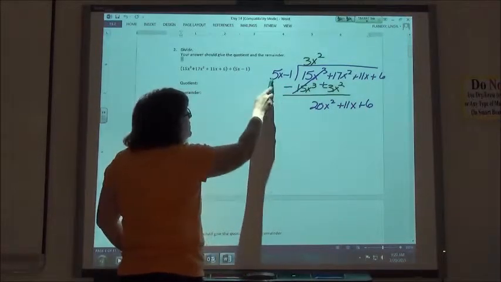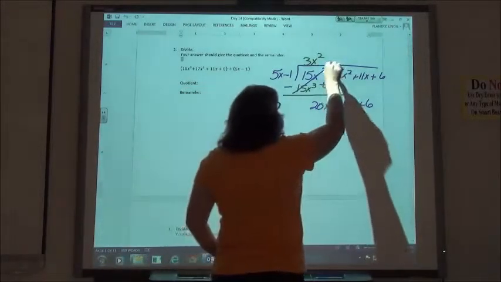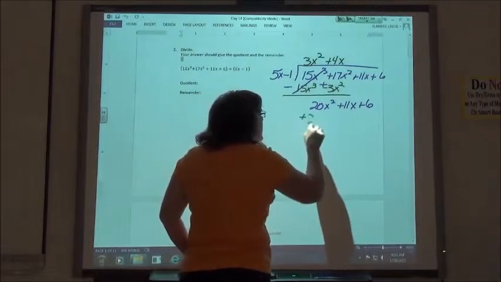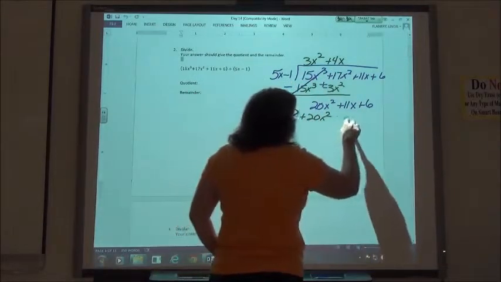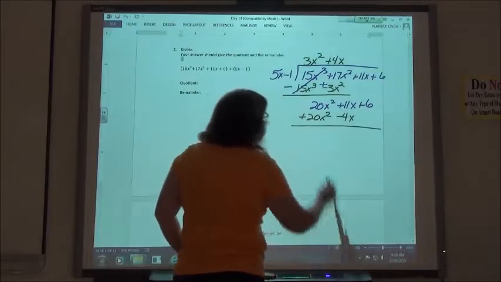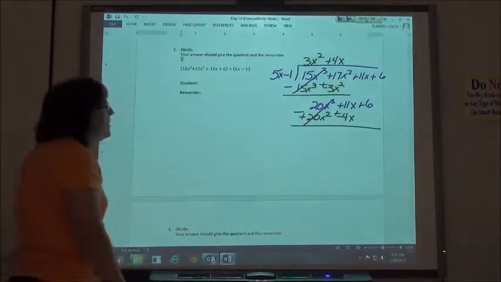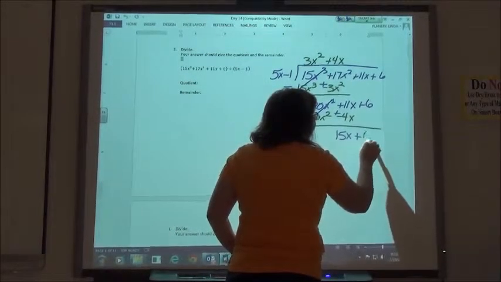So what times 5x gives me 20x squared? I need a positive 4x. 4x times 5x is 20x squared. 4x times a minus 1 is a minus 4x. But then I have to change my signs so I can cancel out my leading term. 11x plus 4x is 15x plus 6.